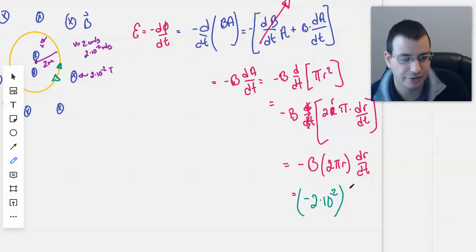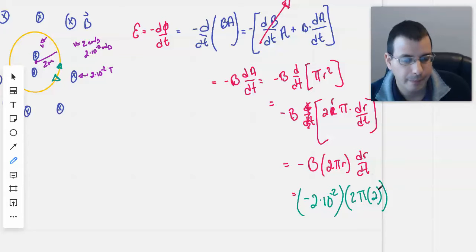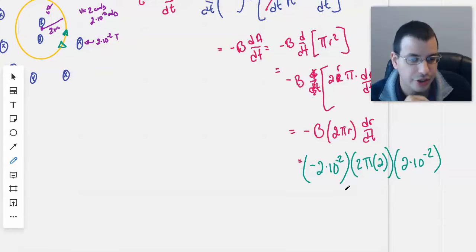I'm going to leave off the units. 2 pi, we said it was initially 2 meters, so we're only looking for the current at time t equals 0. And then we said dr/dt was 2 times 10 to the negative second centimeters per second squared. So here we would have 2 pi r.